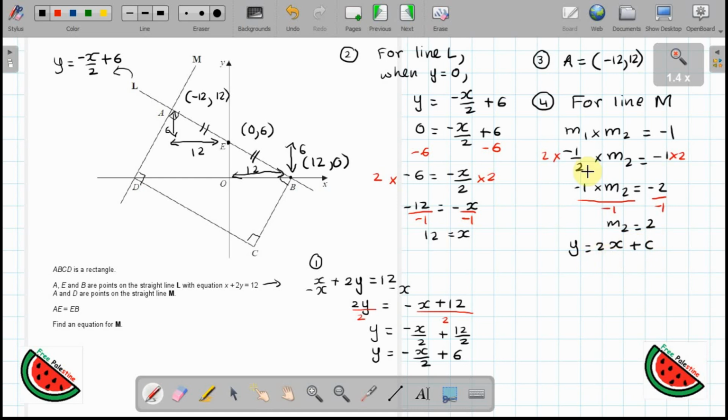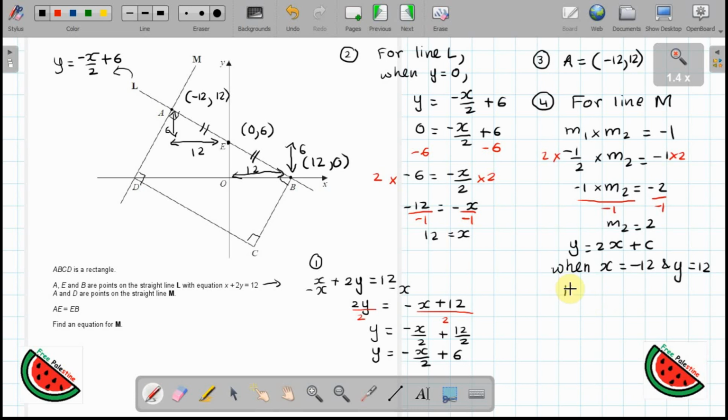Now I can use the coordinates of A because line M goes through the point A. So the coordinates of A are minus 12 and 12. So when x equals minus 12 and y equals 12, I'm going to substitute these in.